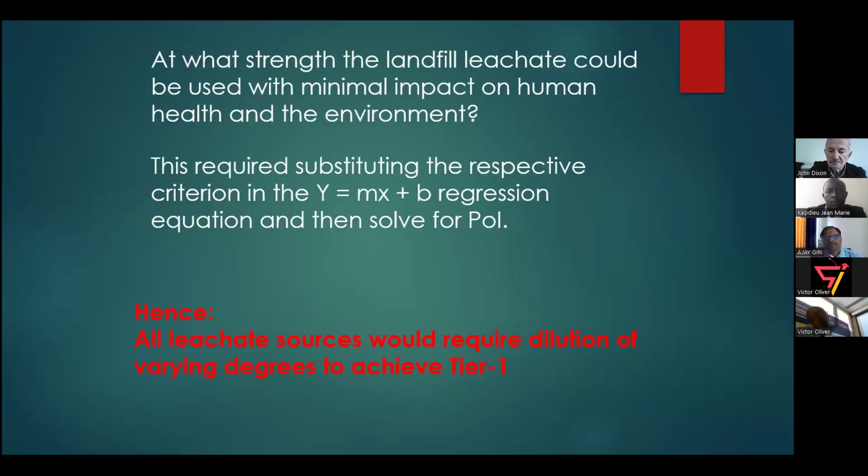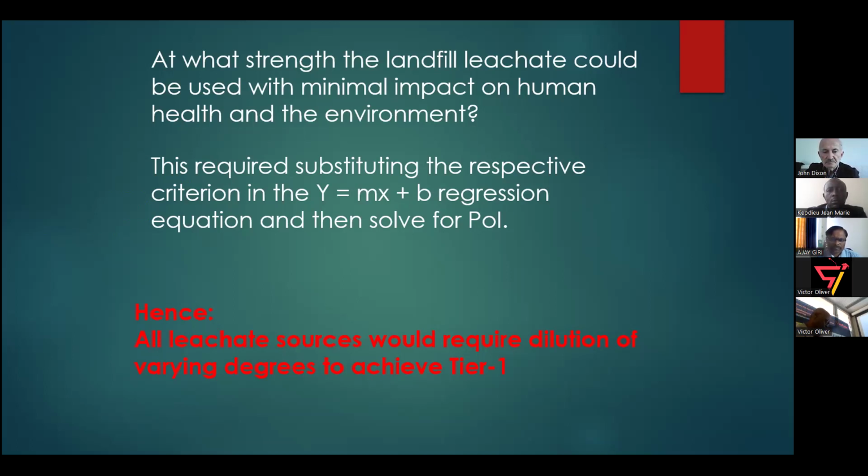All right. So as I mentioned, you having that GLM, a very simple generalized linear model, we've been able to do some assessment in terms of the strength of the leachate.